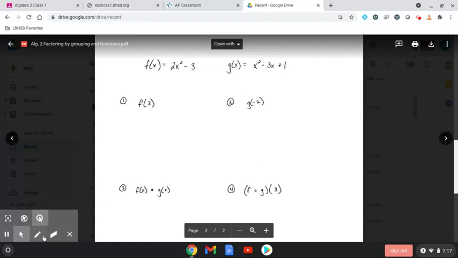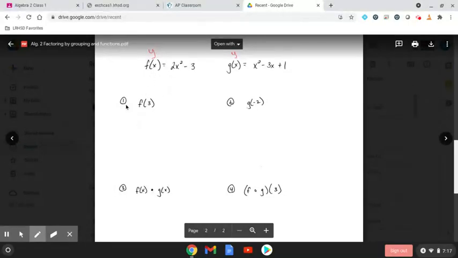Now, in talking to some of you who have recently taken the SAT or might be practicing the SAT, function notation is very common on there. F of x, g of x, but we know that this is just another way of saying y. But it's a way in which you can distinguish equations.